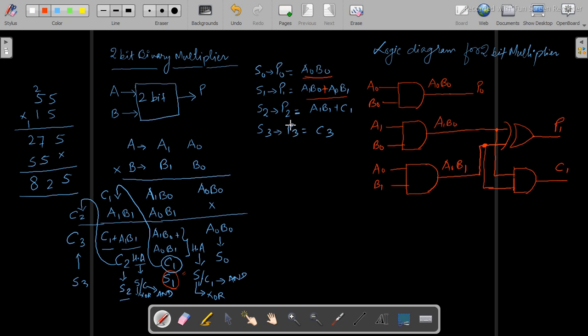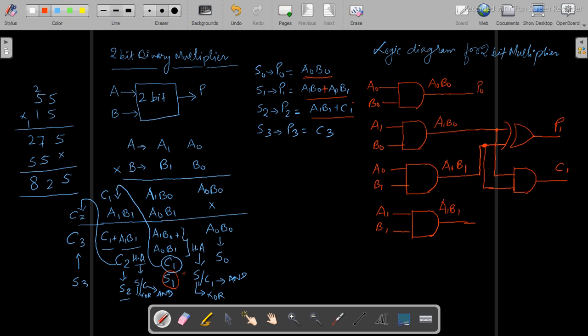Finally, there is another AND gate which has two inputs, say A1, B1. That A1 and B1 are provided to the AND gate, and we will get the output A1 into B1, and there is another input, that is C1, and that C1 will be coming from this output.